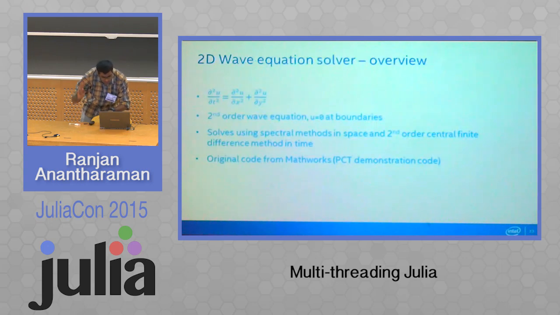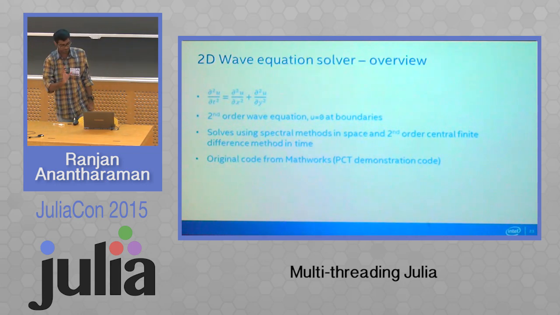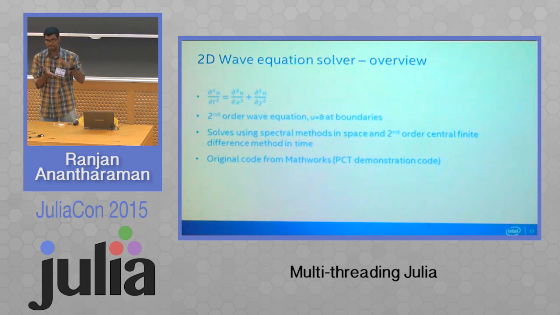Right, so there are two other workloads for which we have preliminary results. There's a 2D wave equation solver which uses a Chebyshev spectral method via FFT in space and a 2D finite difference in time. This is actually a piece of code from the MATLAB website where they've arranged everything beautifully with all these repmats and all that stuff.